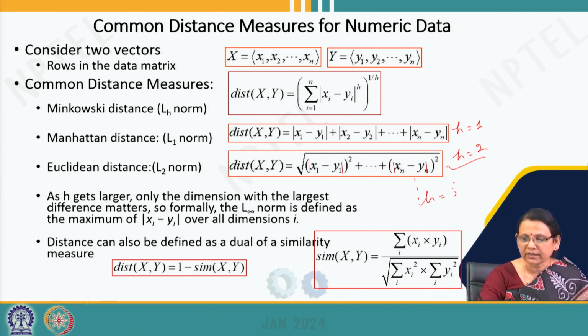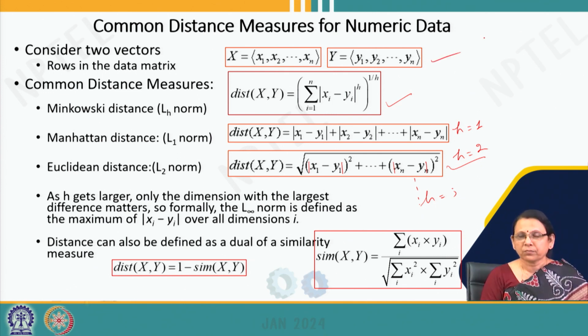For any other h, the formula is that of the Minkowski distance. As h gets larger, only the dimensions with the largest difference matter. Formally, you can also have the L infinity norm, which is defined as the maximum of the absolute value of xi minus yi, where i is from 1 to n.